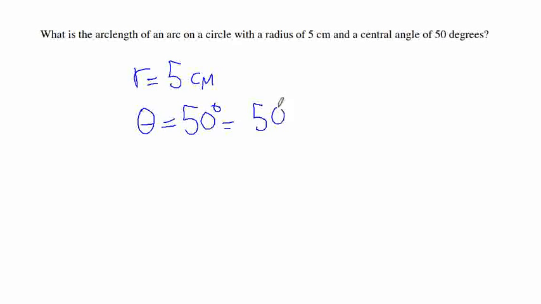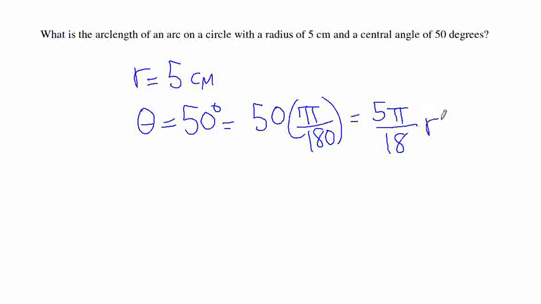So the radius is 5 centimeters. The angle is 50 degrees. Let's go ahead and convert that to radians. So times pi over 180. So that reduces to 5 pi over 18 radians.